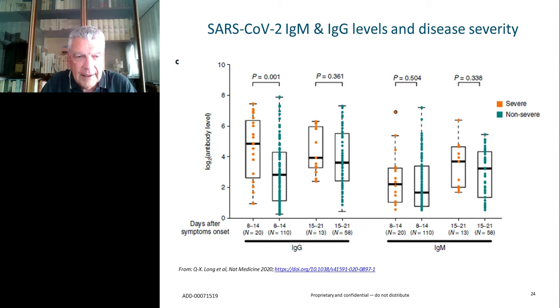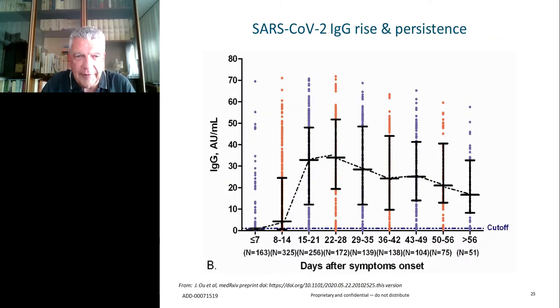You see here in this other independent experience that IgG levels attained over the first couple of weeks were significantly higher in patients having a more severe disease. This was not so apparent later on, and for IgM, this did not happen. So possibly, patients with severe disease do raise a stronger IgG response to the viral infection.